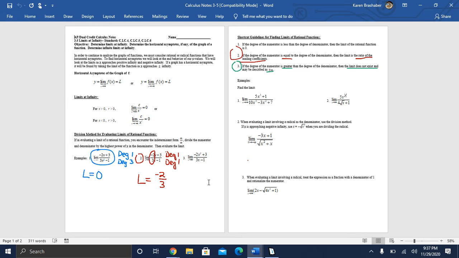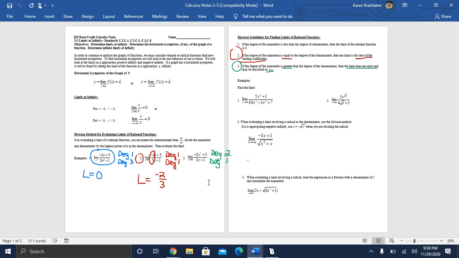So as we looked at problem number 3, your degree of the numerator was for x squared, so that would be a degree of 2. And then your degree of your denominator, we had x to the first power, and so that was a degree of 1.